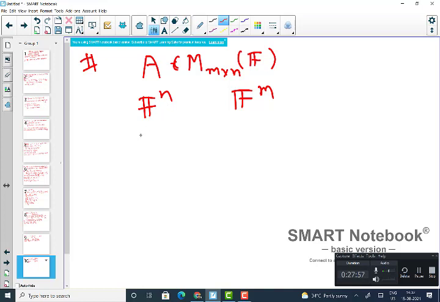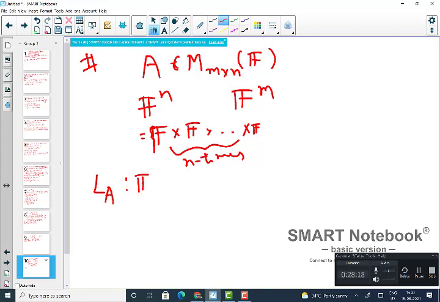You can think of Fn as the Cartesian product of F, n times. Similarly Fm. So what will be the map? You define something called LA from Fn to Fm.